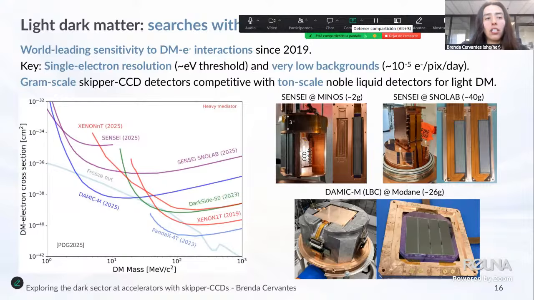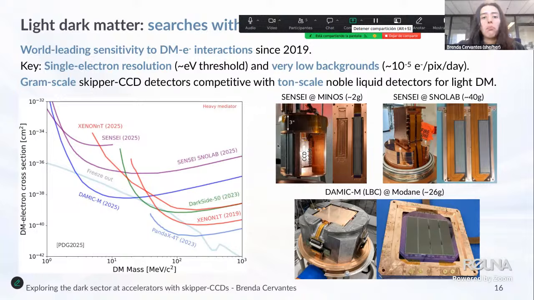So we have a huge ongoing program of light dark matter searches with the skipper-CCDs. In fact, we have been continuously placing world-leading constraints on these light dark matter electron interactions. And as I said, the key is to have single electron resolution and very low backgrounds.